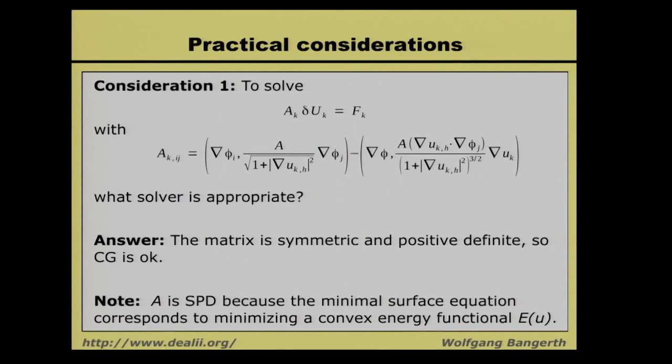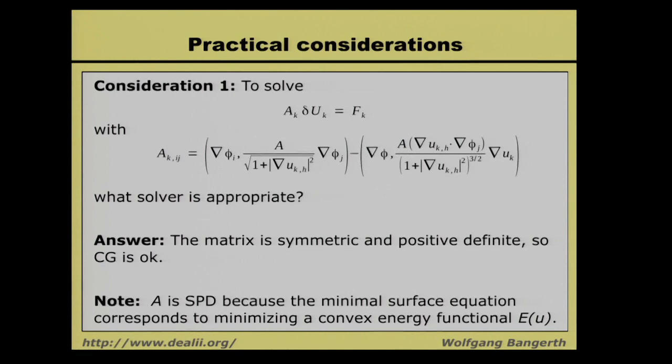So the operator was the derivative of the energy. This A, the operator that gives rise to this matrix here, is the derivative of the nonlinear operator. So A corresponds to a second derivative, and the matrix of second derivatives, of course, is symmetric because we can exchange the ith and the jth derivative.